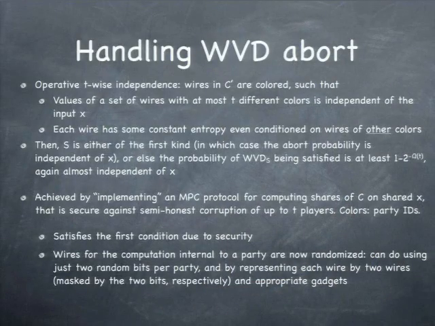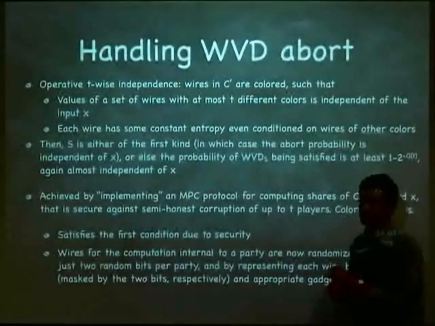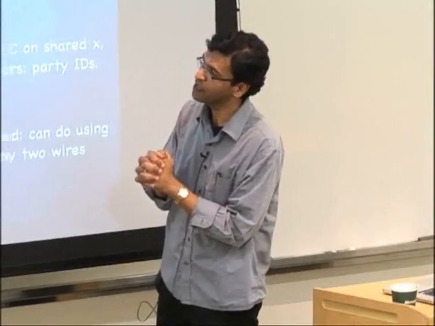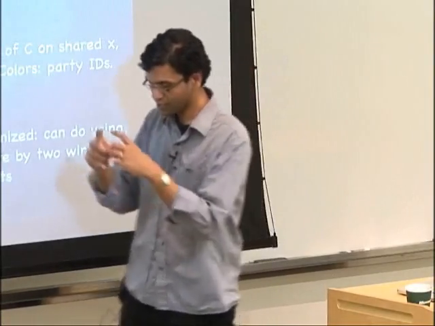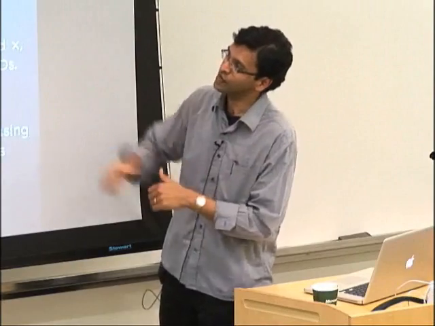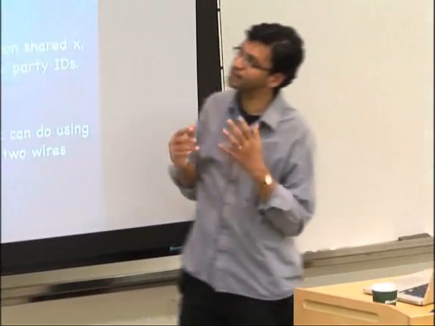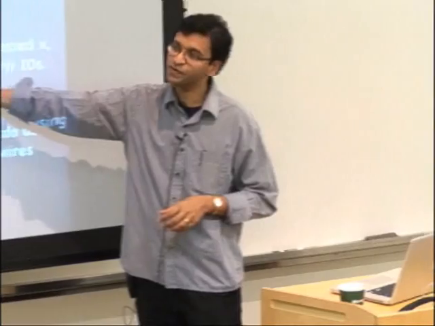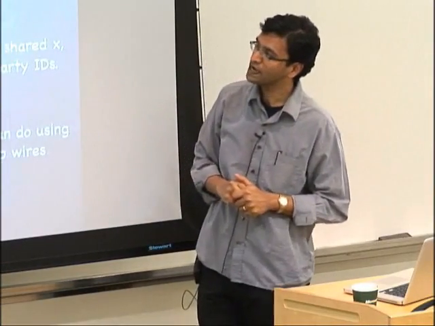You want to ensure some sort of t-wise independence in the wires in the circuit. You cannot really get that, because in an AND gate the inputs and the output are correlated, right? But the point is you don't really need full t-wise independence of every wire. We define something called operated t-wise independence, and you can achieve it by implementing an MPC protocol in the circuit.